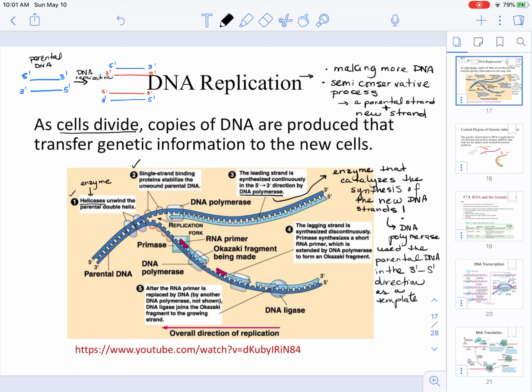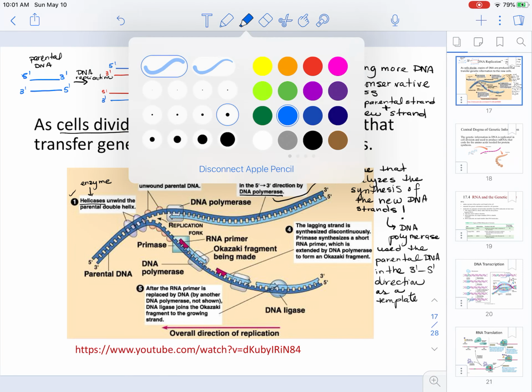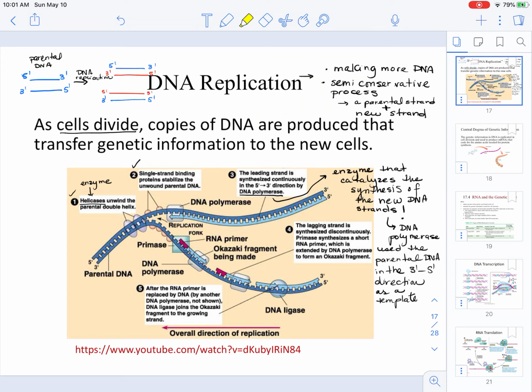But remember, synthesis has to occur reading the strand 3' to 5'. So there's going to be one strand that is made continuously, and that strand is called the leading strand. And as you can see, it is using the 3' to 5' direction as a template. And the DNA polymerase can make the leading strand continuously.